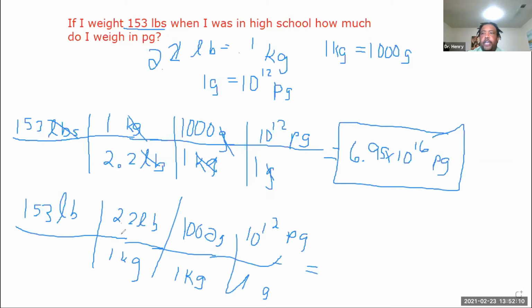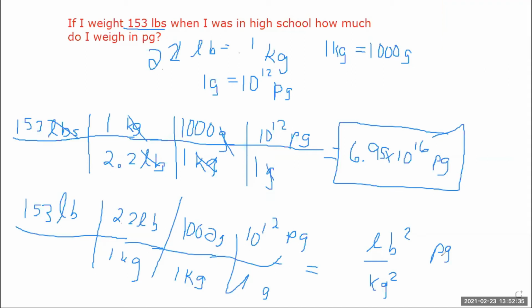In this case, if I look at my units, my final units are going to be pounds squared, kilograms squared, picograms. Is that what I wanted in terms of units? No, you just wanted the picograms. I just wanted the picograms. So that lets me know immediately that this is wrong, right?